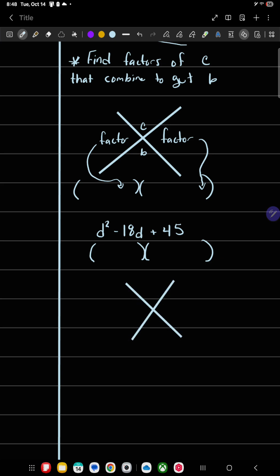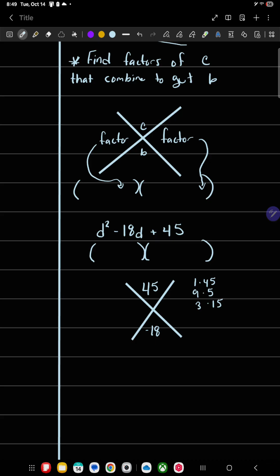So C is 45 and B is negative 18. And it says find factors of C that will combine to give you B. So C is 1 and 45, 9 and 5, 3 and 15. And I think that's about it.